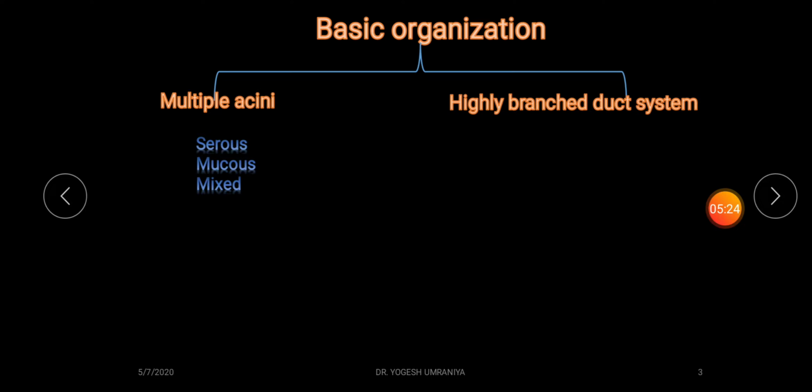Now, the duct system. The secretion that is produced by this acini is collected within the lumen of that acini, and from that lumen it should be carried out to the particular site. So, for that carrier mechanism we have the duct system. First duct, that is nearer to the acini, is termed as the intercalated duct, and the epithelium of this duct has simple cuboidal or squamous type of cells in its wall.